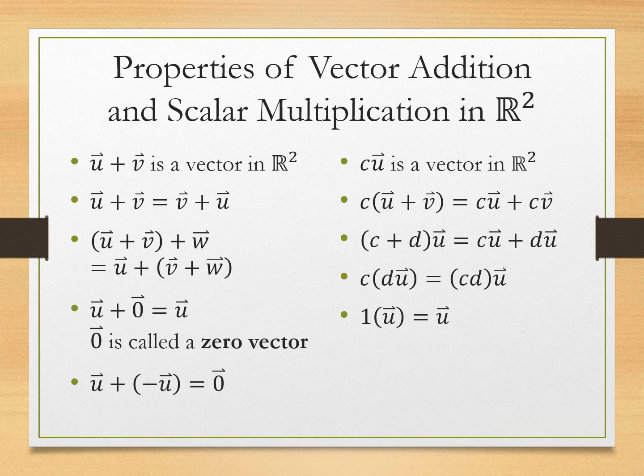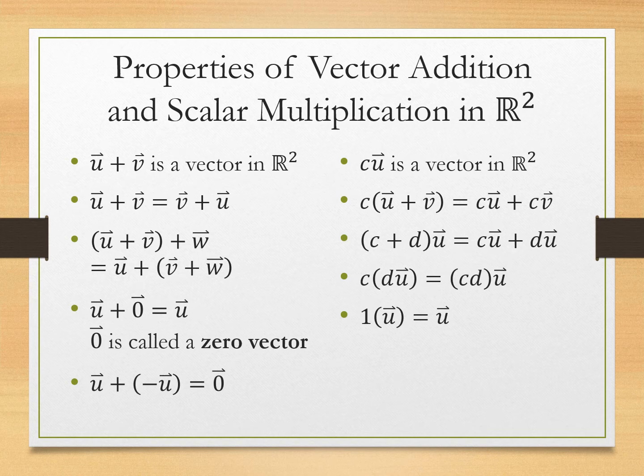Multiply a vector by a number, then the result is still a two-dimensional real vector. If you multiply a number to the sum of two vectors, you can break apart the sum and do the multiplication first. If you have the sum of two numbers, then multiply to a vector, you can also do the multiplication first.